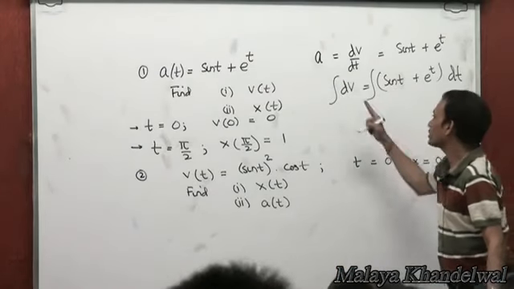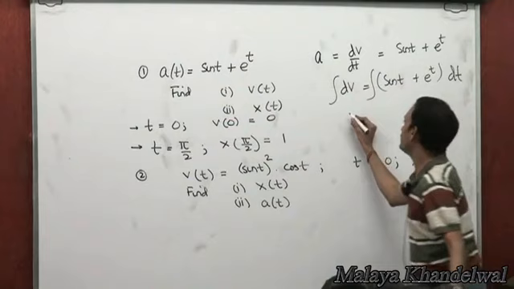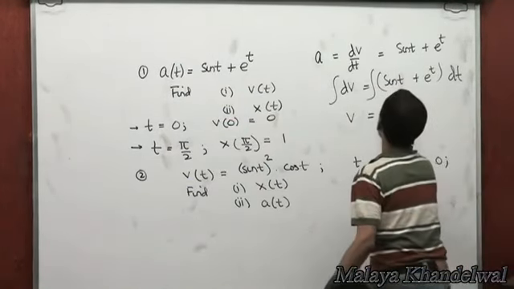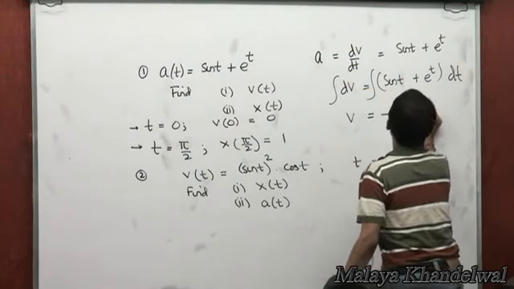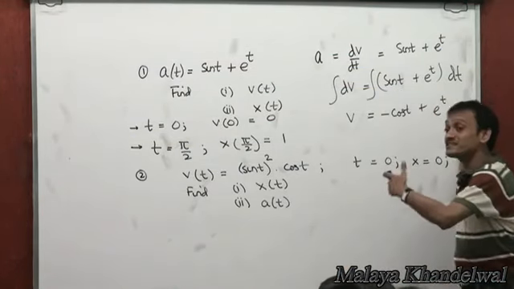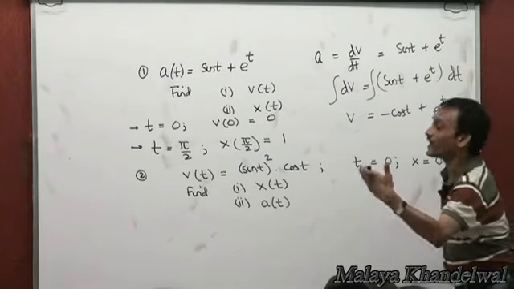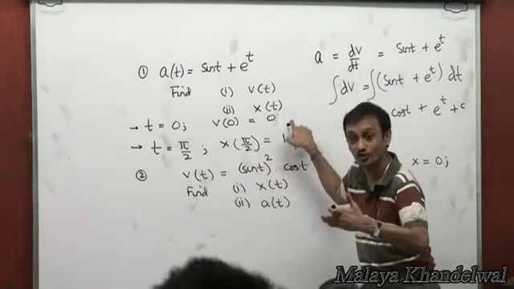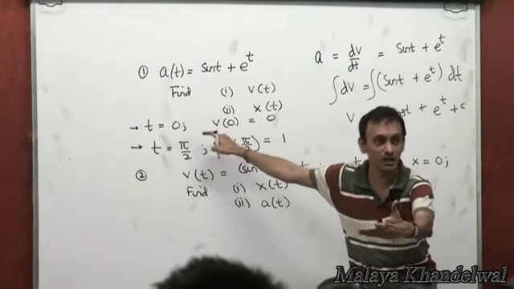Carry out an integration. Integral dv would be v. Integral sine t would be minus cos t. E power t would be plus c. How does one arrive at c? From the fact that at t equal to 0, v was 0. It's given in the problem. That's one boundary condition, right?